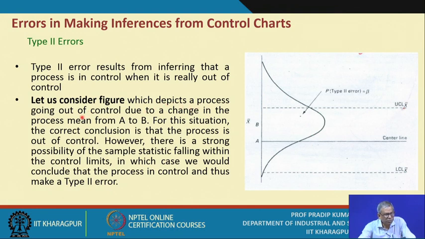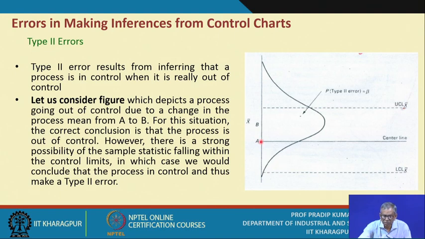This figure depicts a process going out of control due to a change in the process mean from A to B. When you look at a control chart, the central line is indicative that the process is, and should be, under control around this central line. So the process was in control around A, and the values will be plotted like this.